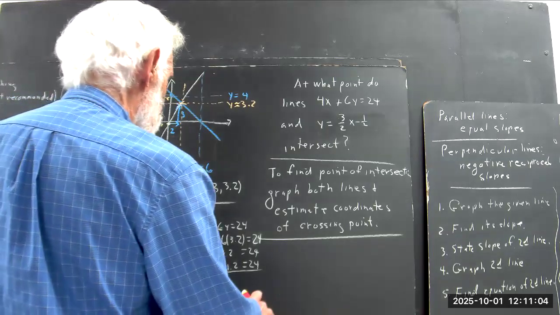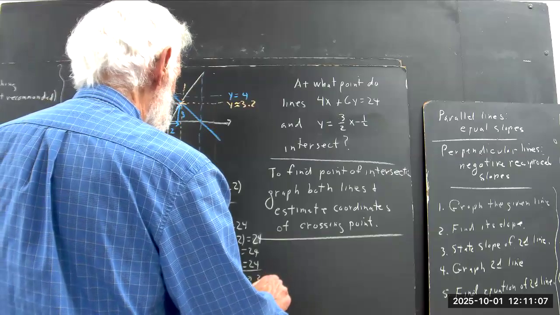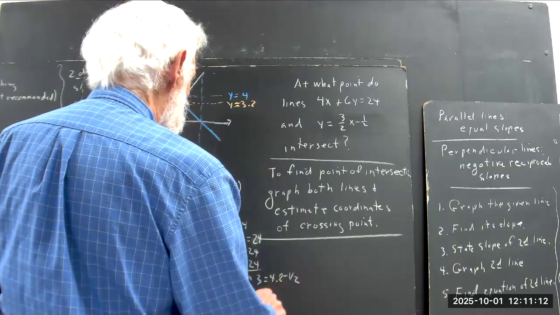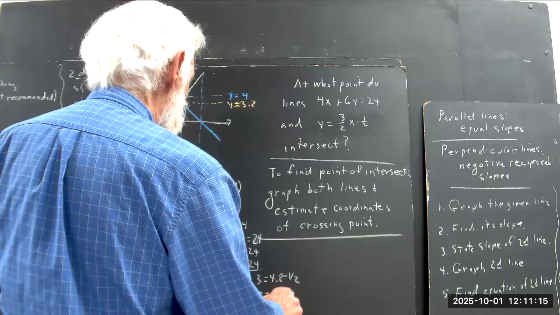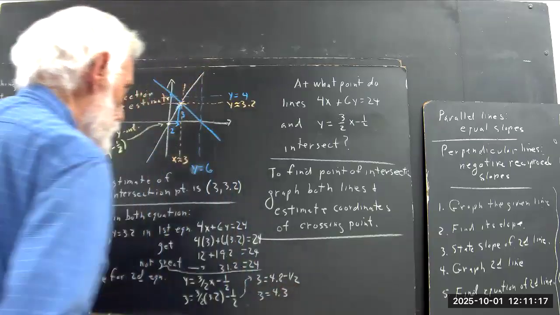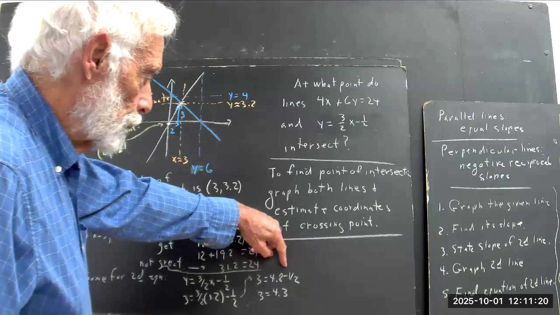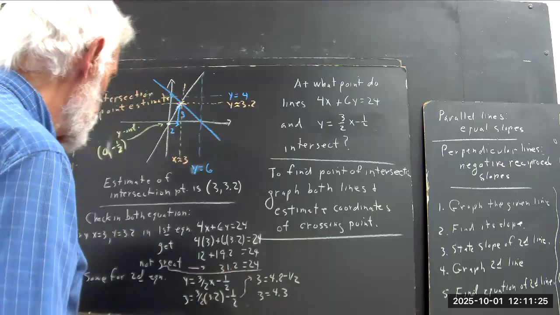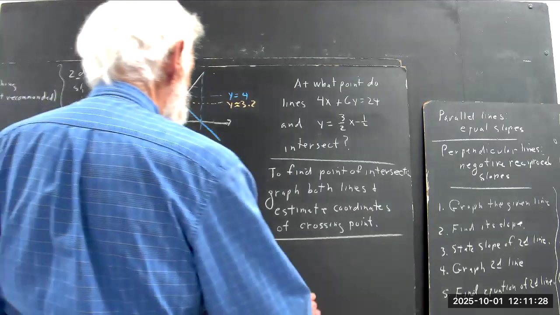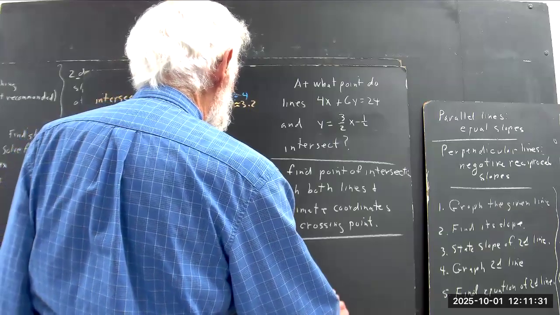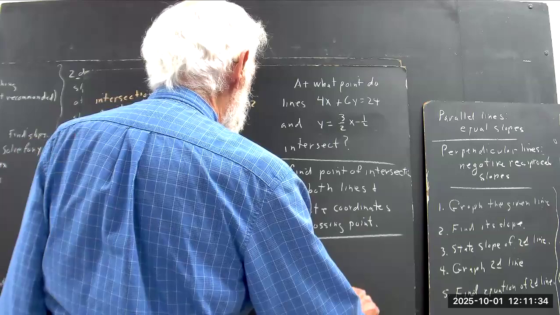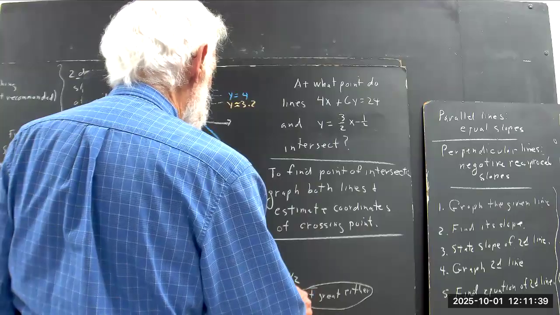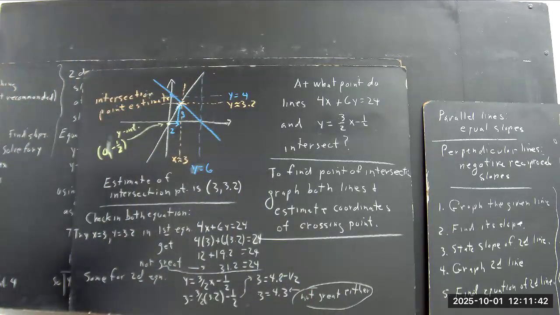Doesn't look like it, so I'll just come over here. Now I've got a decimal and a fraction, but we know that fraction's 0.5. So if we subtract 1/2 from 4.8, we get 4.3. That's not great either. But the lesson is just draw your graph a little more carefully.